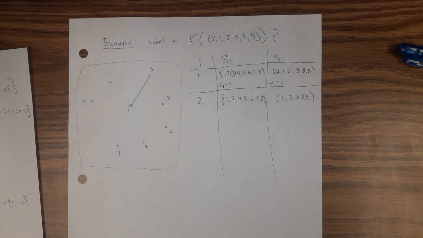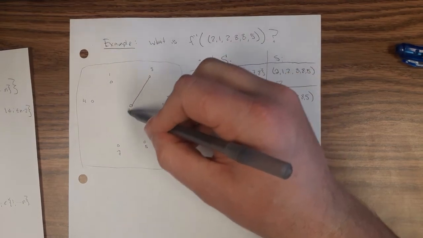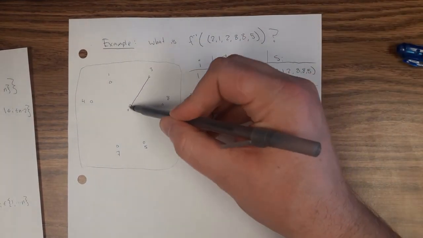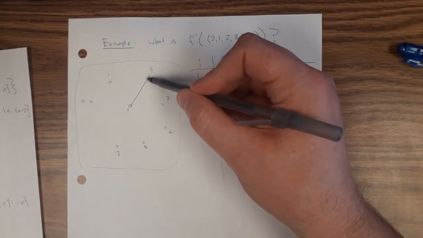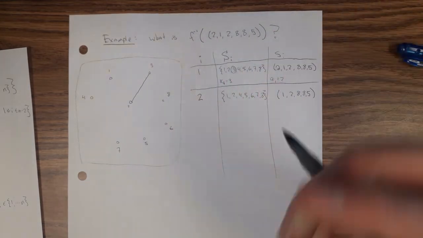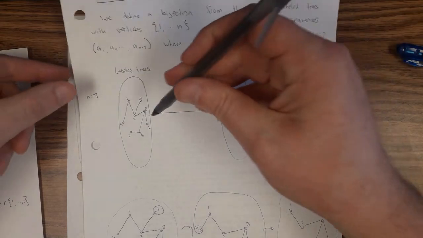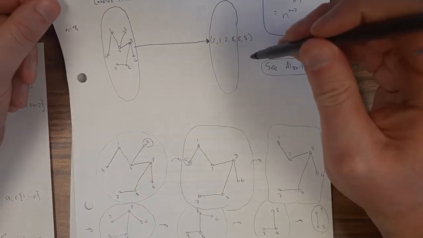Okay, and then I'm about to repeat, but before I do that, let's just look at the edge that I drew so far. This edge was the first one that we removed when we were doing this the opposite way.